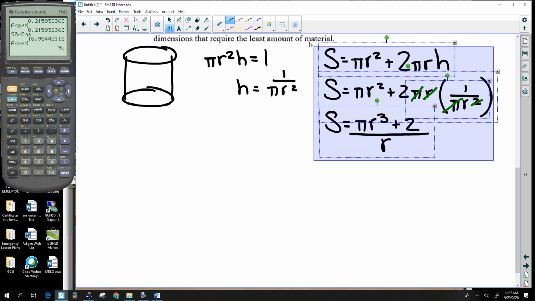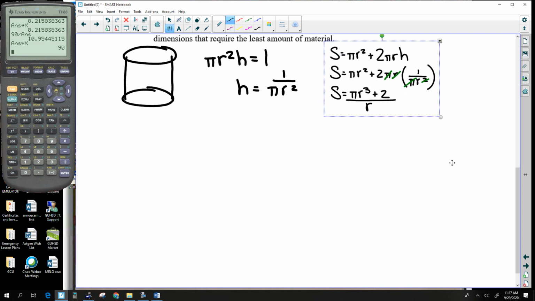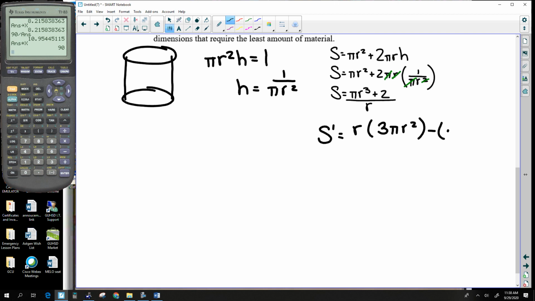We're after the dimensions. So this is going to be the derivative, bottoms up, derivative of the top, minus, leave the top alone.